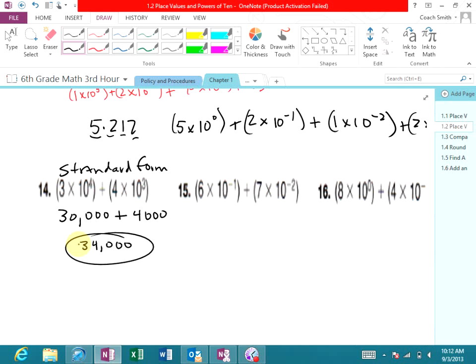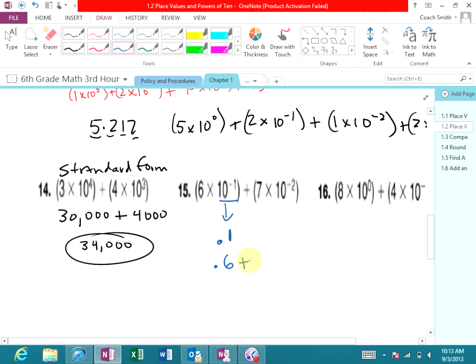Now, obviously here becomes a little bit more difficult, but really it doesn't, because here with our decimals, 10 to the negative first power is our first place value. So this means 0.1. So if I got 6 times 0.1, then that's going to be 0.6.